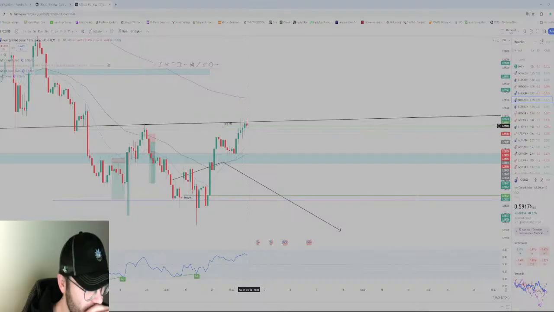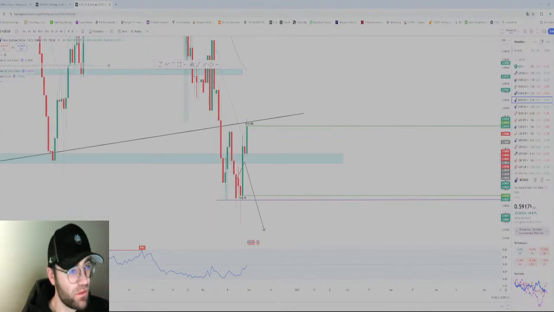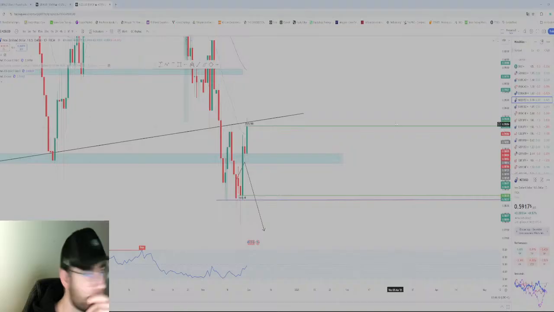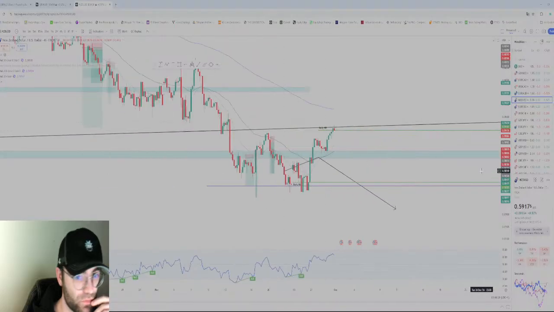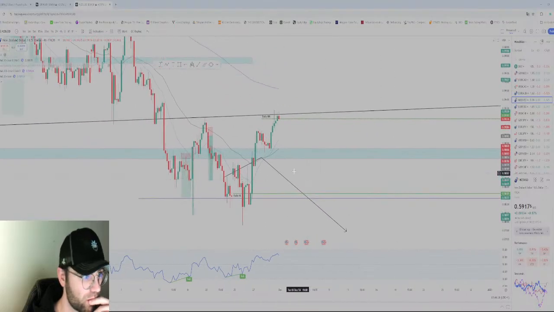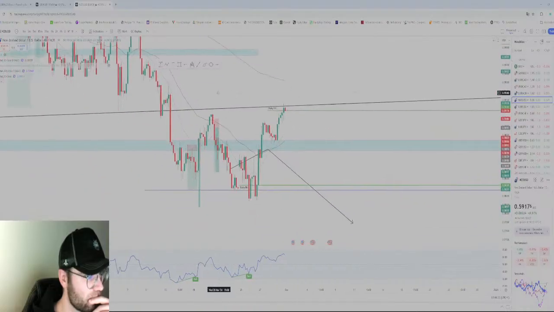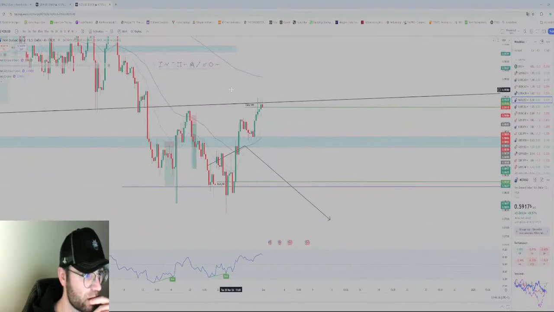Yeah, it retested again, so I'm not really sure what I think about it, how that will affect the overall rest of the structure. But yeah, let's just look at what the 4 hour is. 4 hour is just bullish right now.